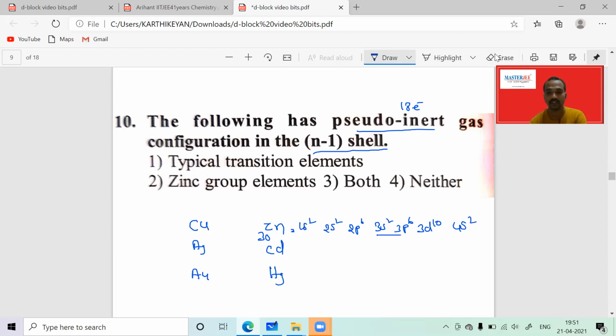Right now see here, this is the ns level, this is the n-1d level. This n-1d level has 18 electrons. In all these cases, typical transition elements as well as the zinc group, we can see 18 electrons in their n-1 level. So both is the answer.